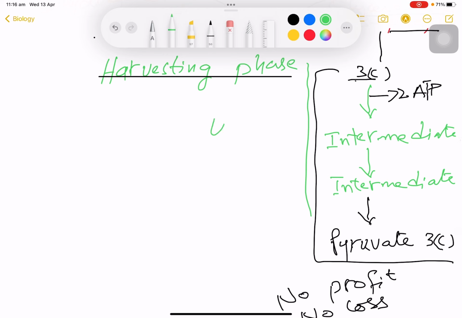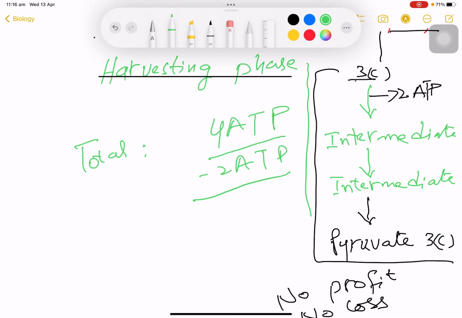So finally, from one glycolytic pathway, which is glycolysis, 4 ATP we have produced. This 4 ATP is the total number of ATPs produced. But if I subtract 2 ATP, the investment part, what is the profit? The profit is 2 ATP, right?